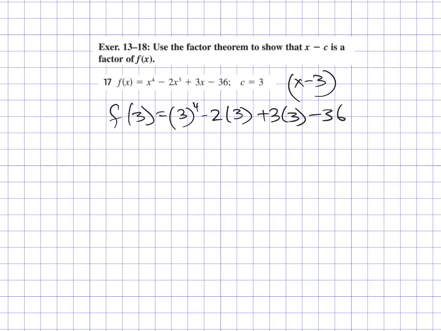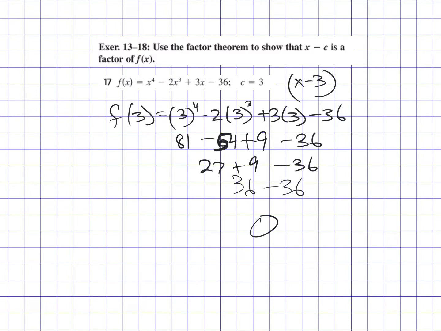Let's figure out what this is. 3 to the 4th is 81 minus 6 times... oops, this is cubed here. 3 cubed is 27. 27 times 2 is 54, plus 9 minus 36. So 81 minus 54 is 27, plus 9 is 36. 36 minus 36 is 0. So yes, that's how we showed it.